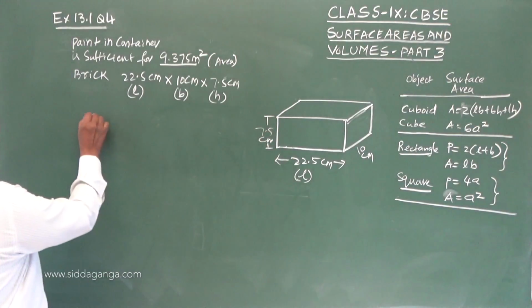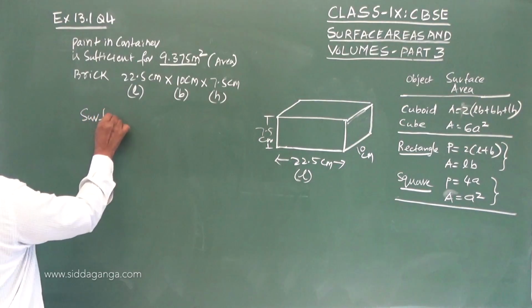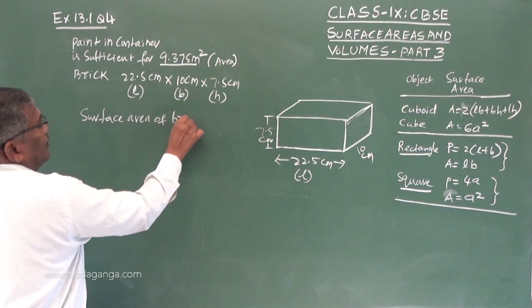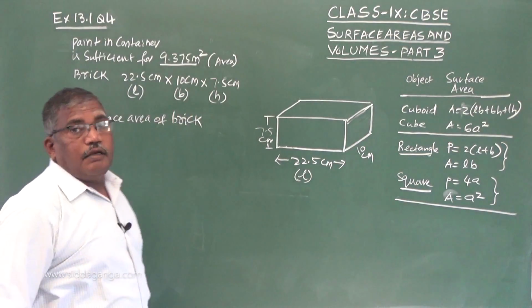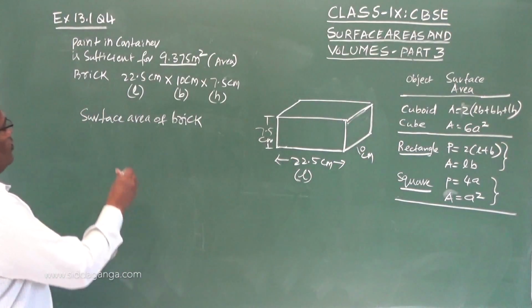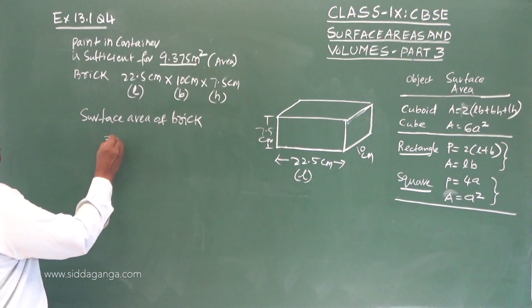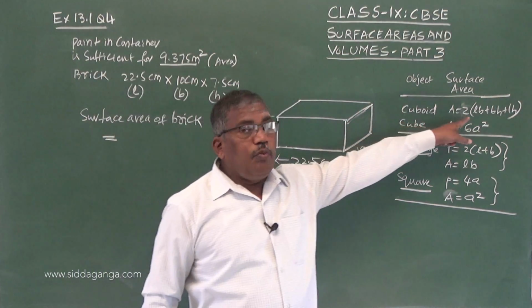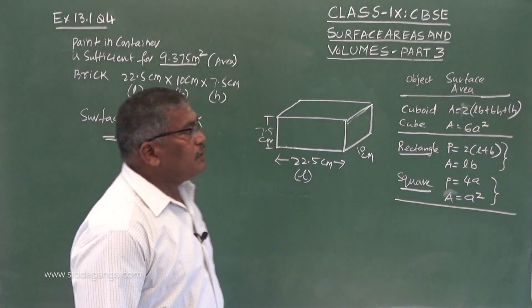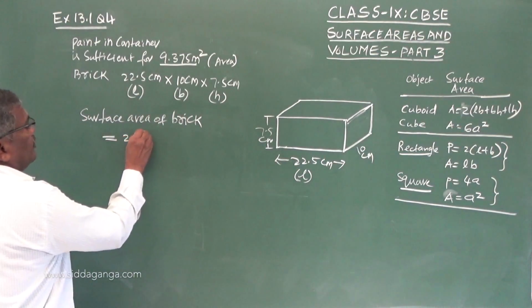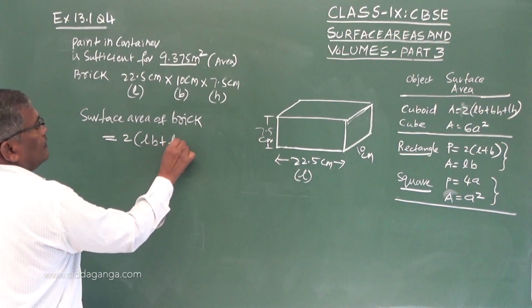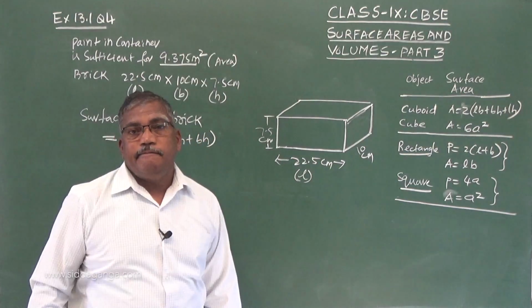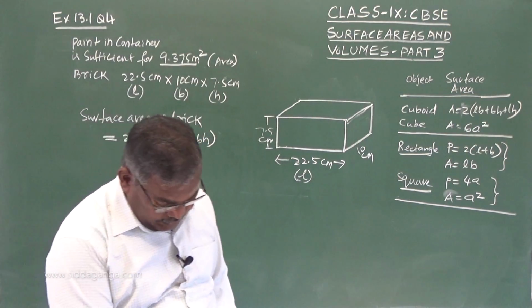Now, the surface area of the brick. It is a cuboid. For the cuboid formula you have to take 2 times (LB plus LH plus BH).